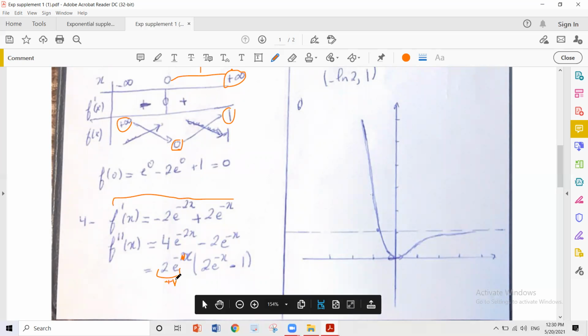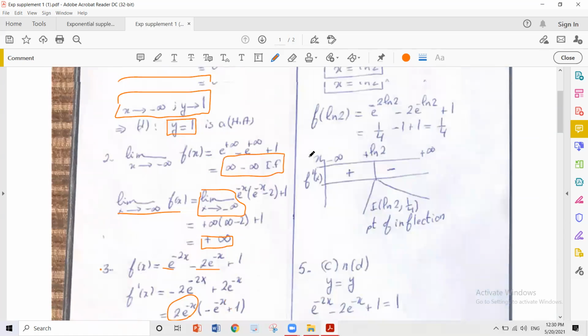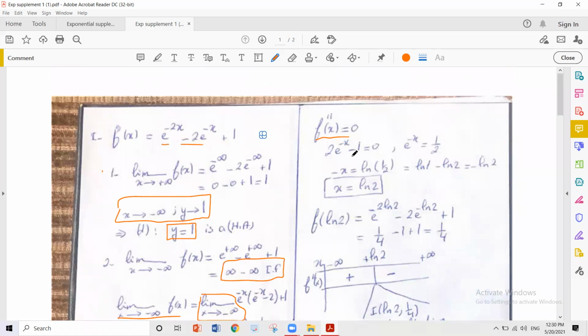So I take 2 e to the minus x minus 1 equal to 0. So e to the minus x equals half. Taking ln of both sides, minus x equals ln half, which is ln 1 minus ln 2. Ln 1 is 0, so it equals minus ln 2. Removing the minus from both sides, x equals ln 2.